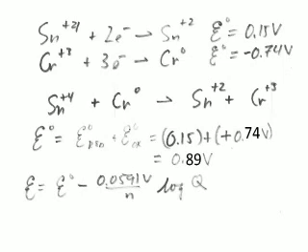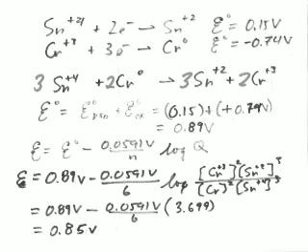The potential of the cell is equal to the epsilon 0 minus 0.0591 volts divided by n, the number of electrons transferred, times the log of Q. And so the next step is we're going to have to balance the equation.